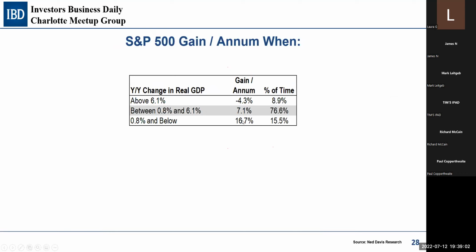But this is just reiterating that discounting mechanism. When growth is really bad, the market should see through that. Similarly, on the other end, when growth is extremely high, that's a market that's too hot. Growth can't be sustained at that level, and the markets see through that too.